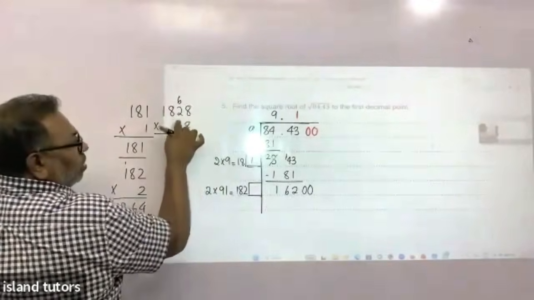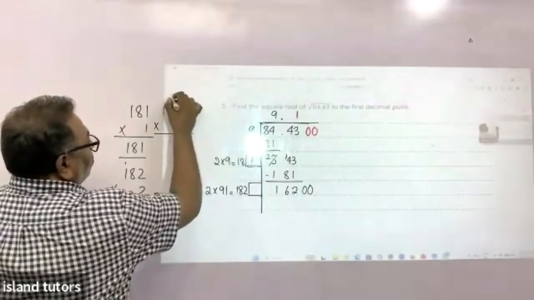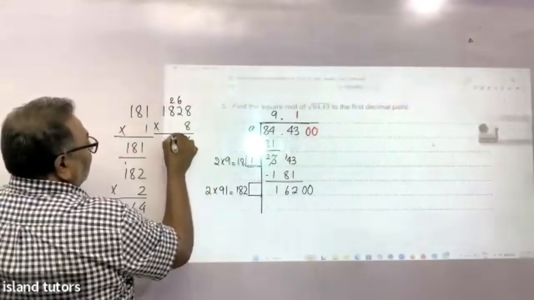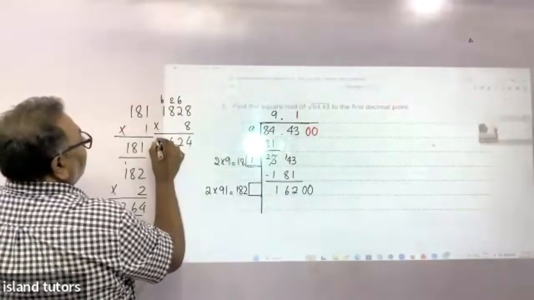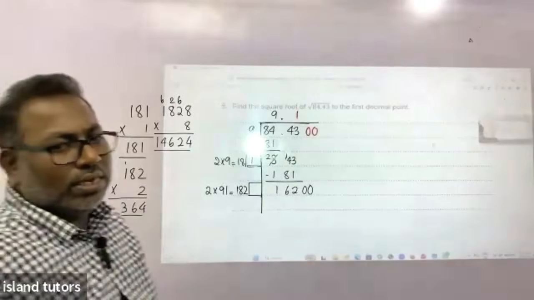8 times 8 is 64. 2 into 8 is 16 plus 6, 22. 8 into 8, 64 plus 2, 66. 8 into 1 is 8 plus 1, 9. So 14,624.